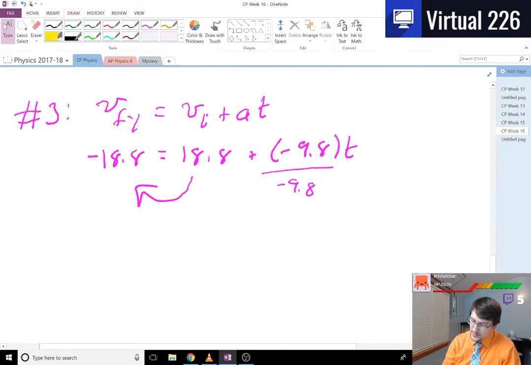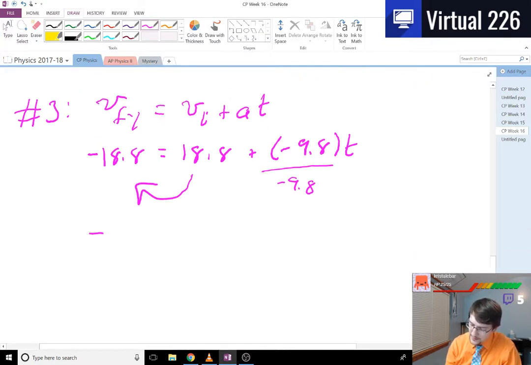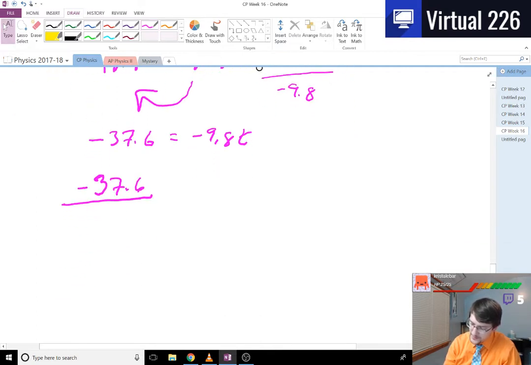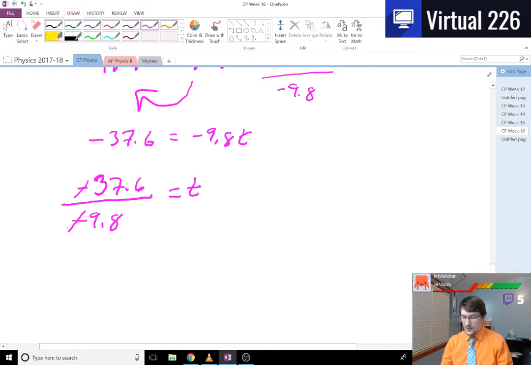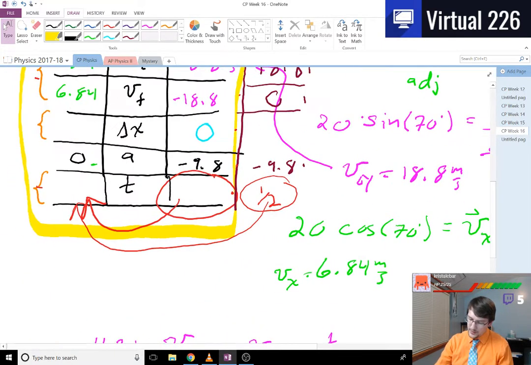So we're going to get negative 37.6 equals negative 9.8 t. Then when we divide, we get negative 37.6 divided by negative 9.8 equals t. The negatives divide out. The time we get here, 37.6 divided by 9.8, equals 3.83 seconds. That's nice.